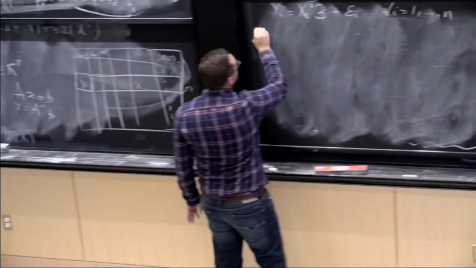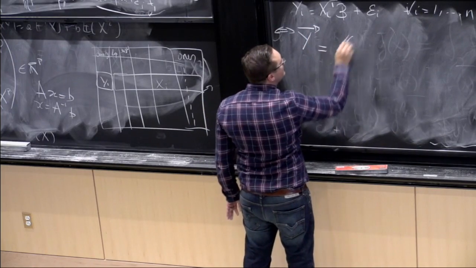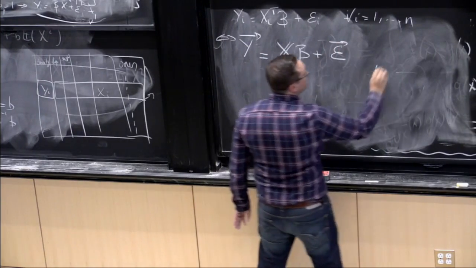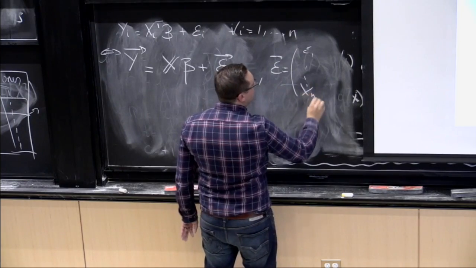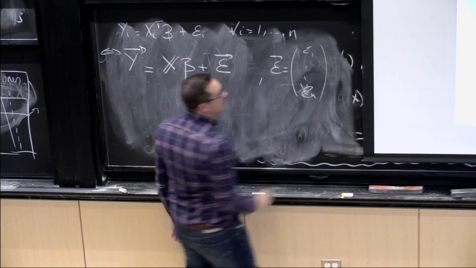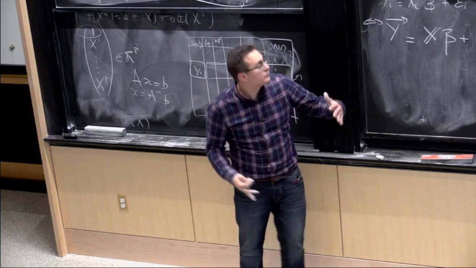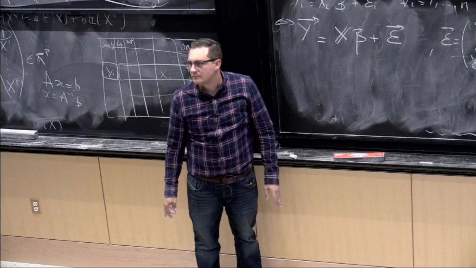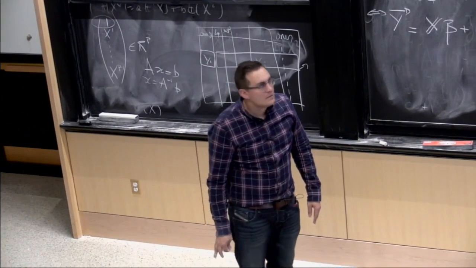This is equivalent to saying that the vector y is equal to the matrix X times beta plus a vector epsilon, where epsilon is just epsilon 1 to epsilon n. Right? So I have just this system, which I write as a matrix, which really just consists in stacking up all these equations next to each other. All right?